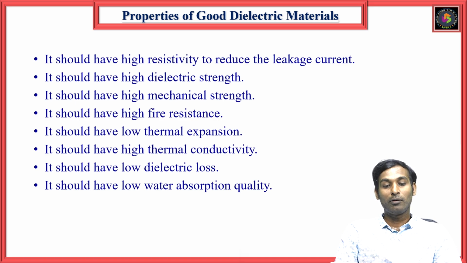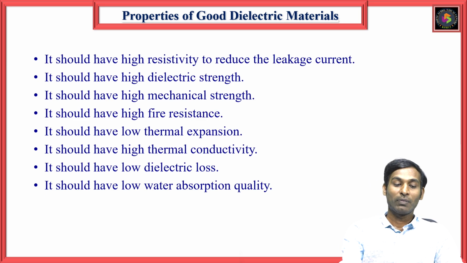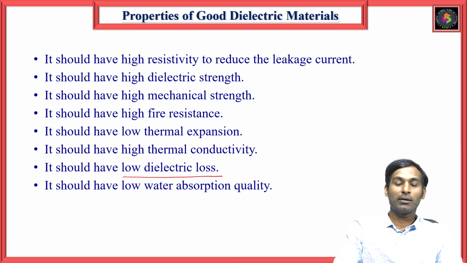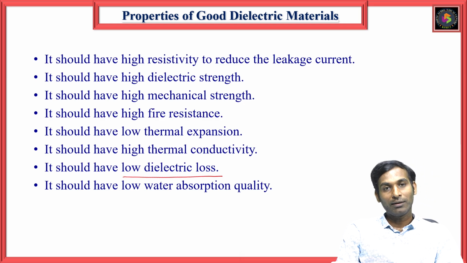It should have low thermal expansion, high thermal conductivity, low dielectric loss, and low water absorption. Now you can see the dielectric material has low dielectric loss. Especially in dielectric material, some dielectric loss will always be there.